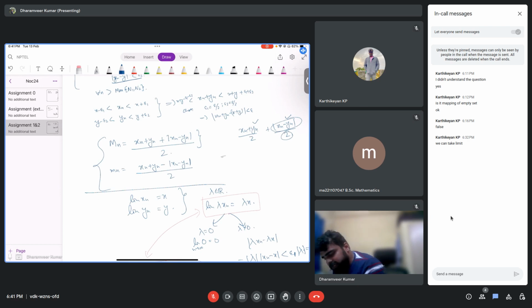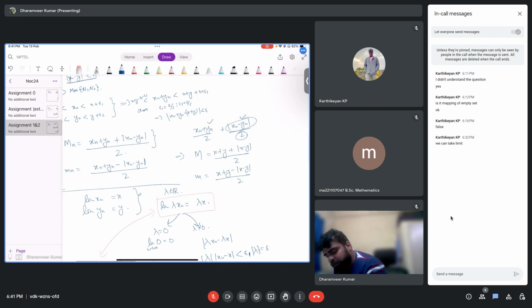So that implies this m, if that limit is, (x plus y)/2 plus mod (x minus y)/2. The small m you can also write as the maximum of x, y and minimum of x, y.